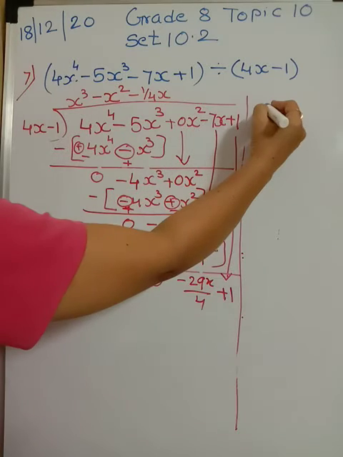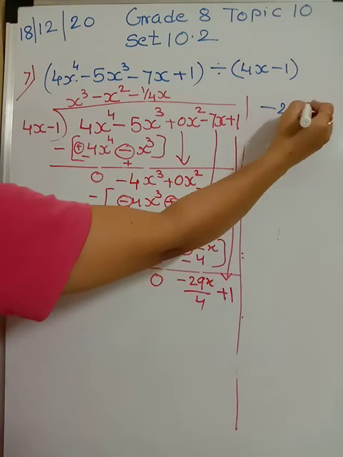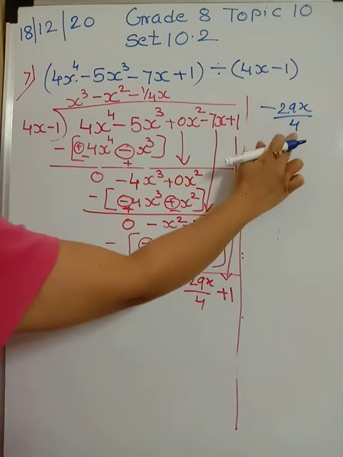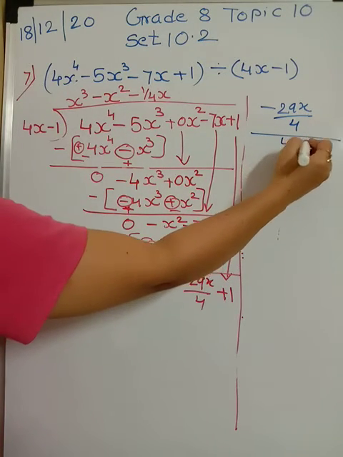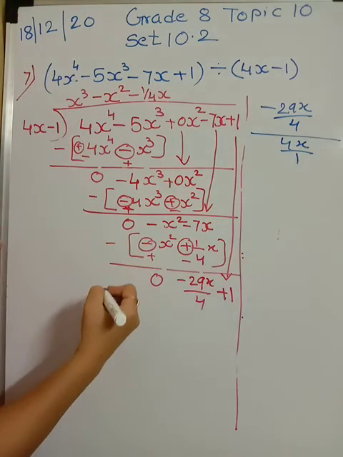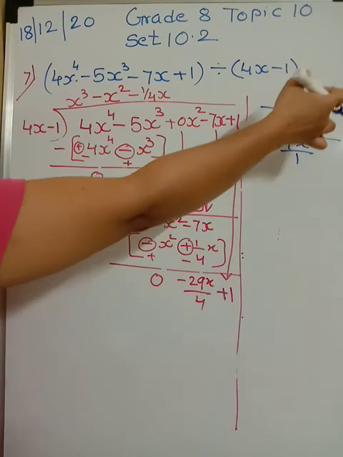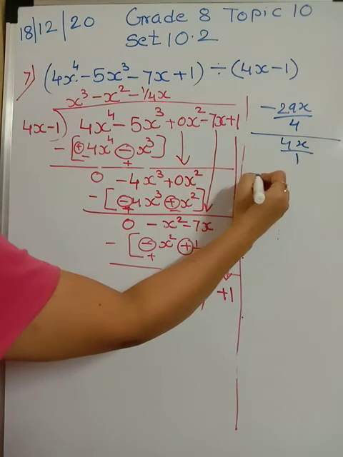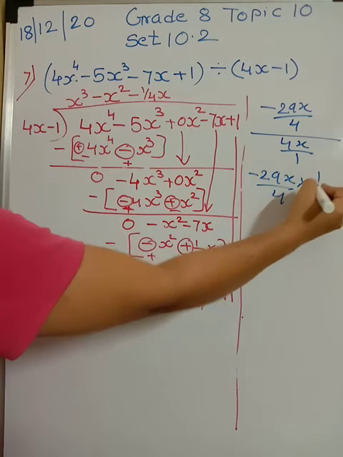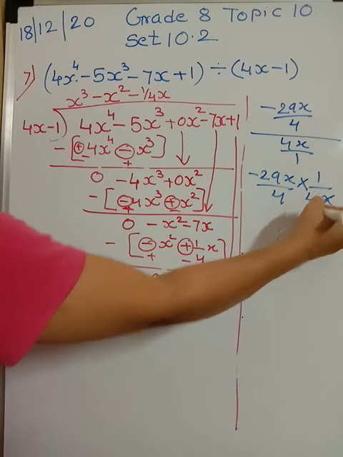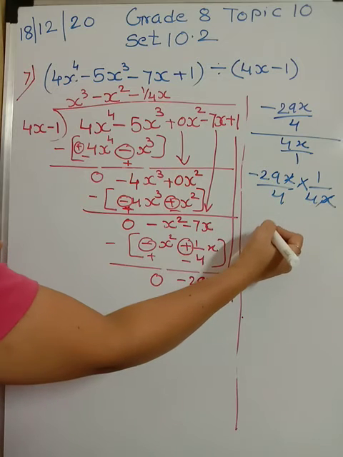So we are doing minus 29x upon 4. This we are dividing with 4x. 4x is 4x upon 1. Okay. So if I take it up, it will go into reciprocal. So it will become minus 29x upon 4 into 1 upon 4x. X will cancel. 4 4s are 16.